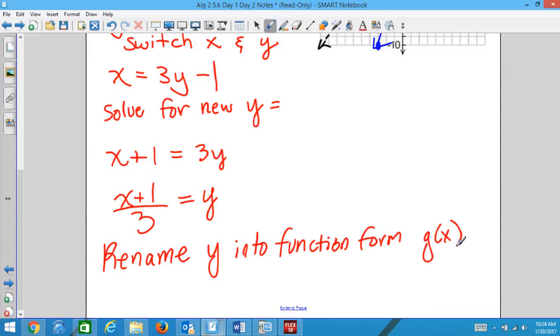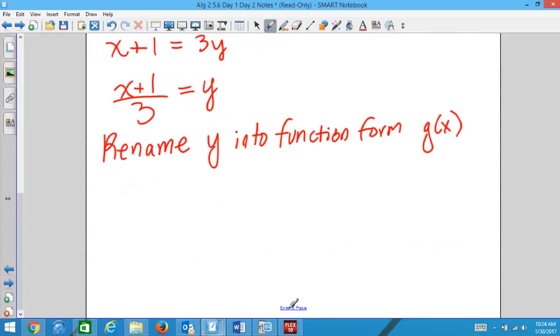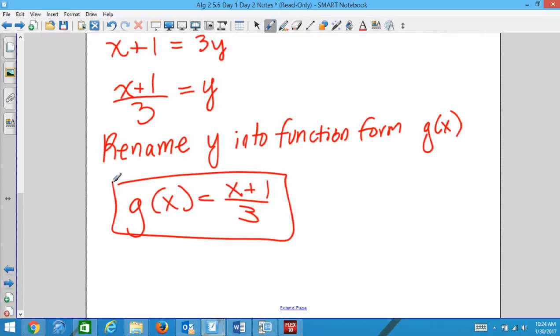I'm just going to take this equation and instead of y, I'm going to make it g of x. And that should be the inverse function. So we wrote it as y equals, then we switched x and y, solved the equation, and then we made y into g of x, and we're done.